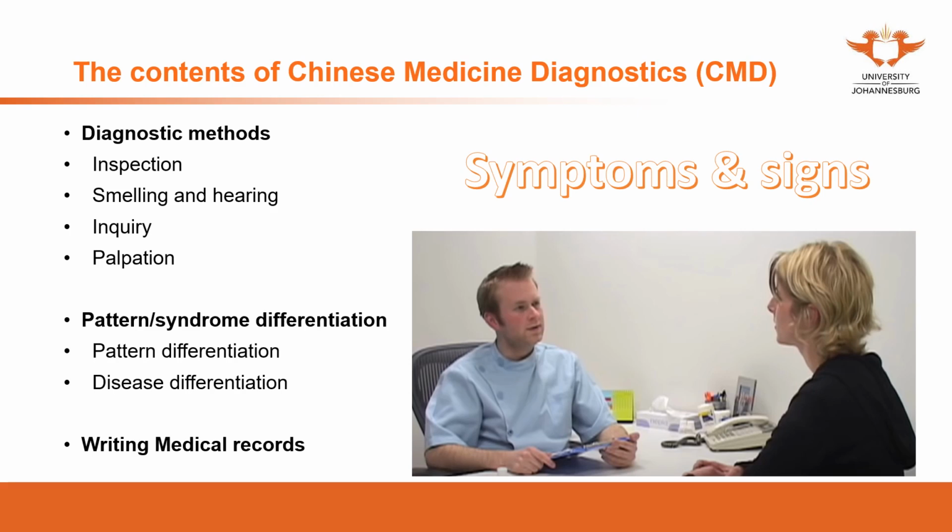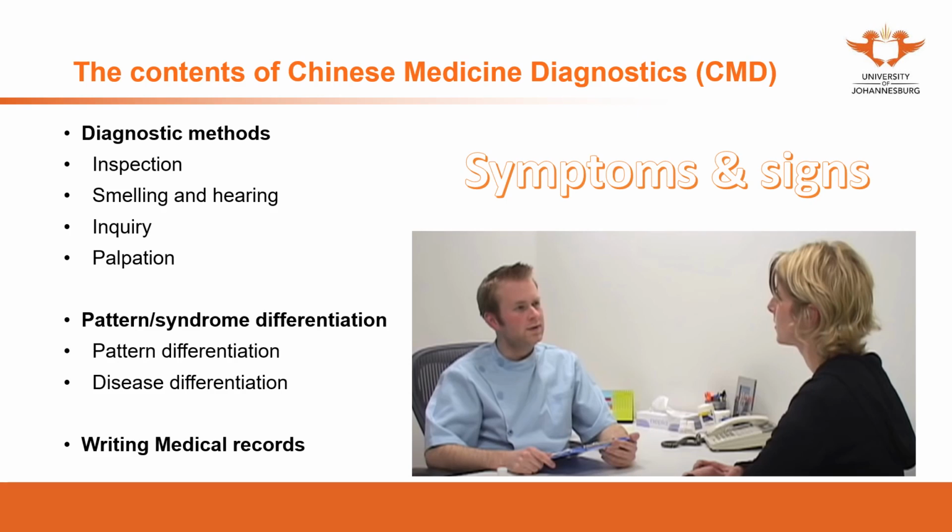So these are the diagnostic methods that we're going to study in this subject. You're going to learn how to find the signs from the patient, and how to ask about the symptoms. Although we have already discussed it in the basic theories, what's the difference between symptoms and signs?